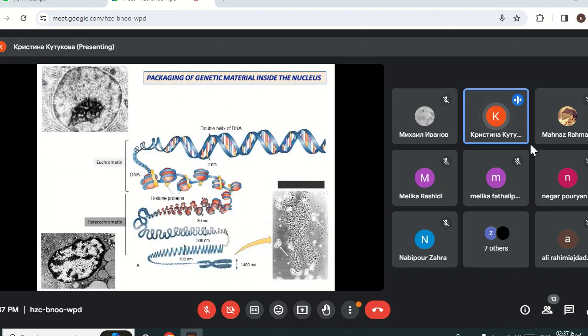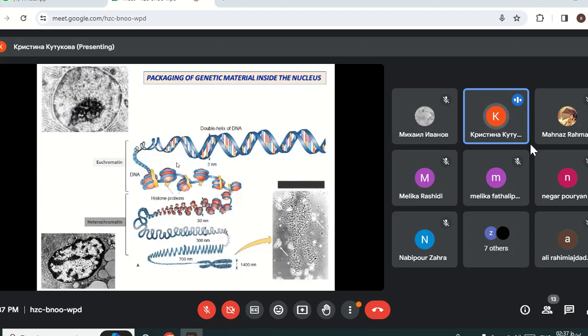The DNA is packed inside the nucleus. While it gets packed, it is covering the specific proteins, histone proteins, and DNA, which contains all the genes of the cell, is differently packed.